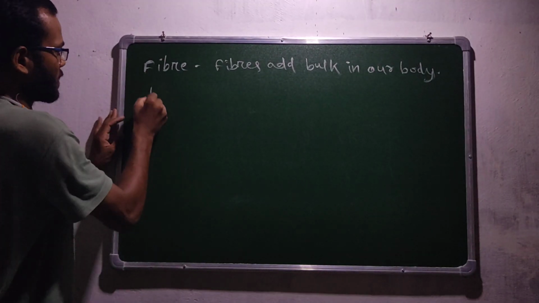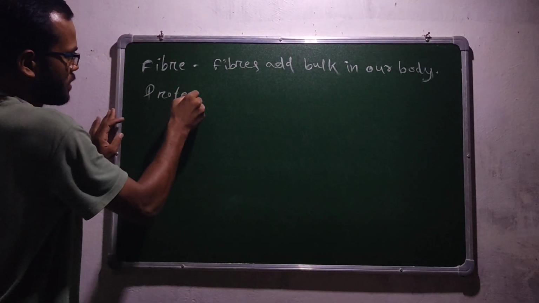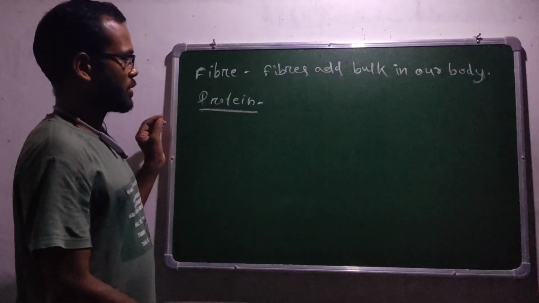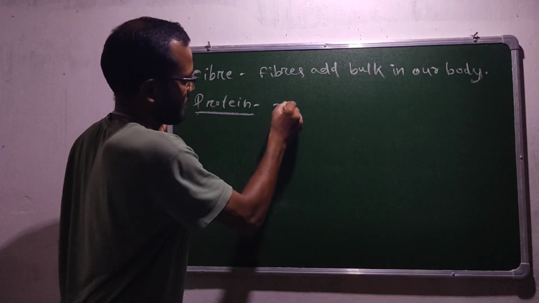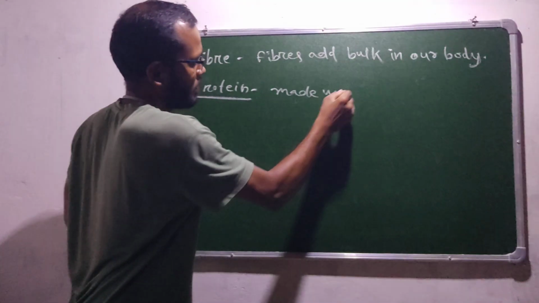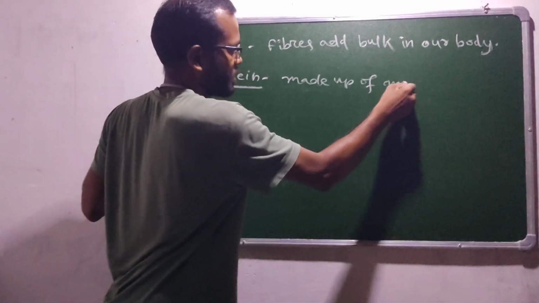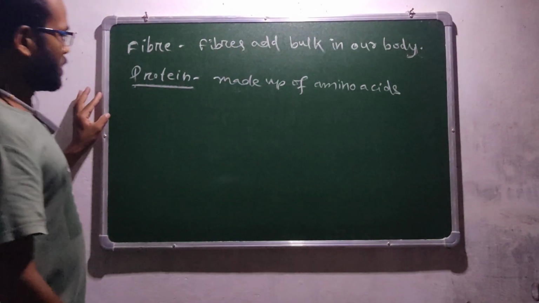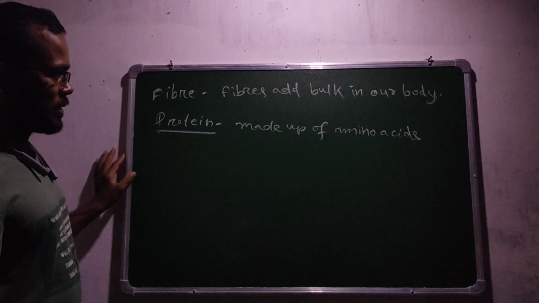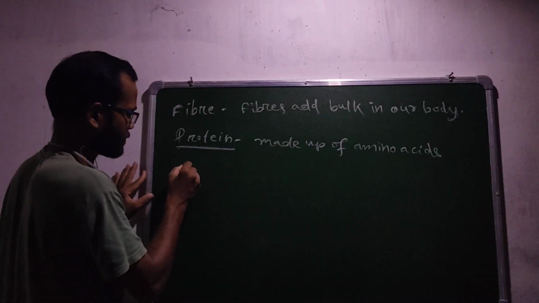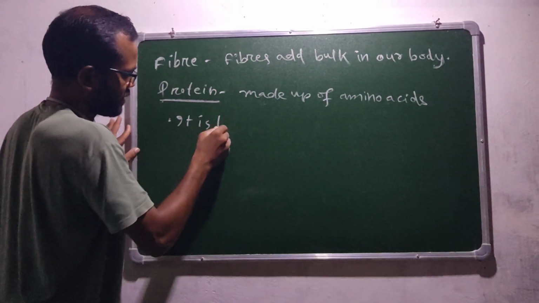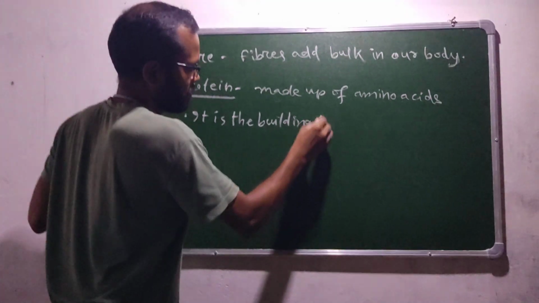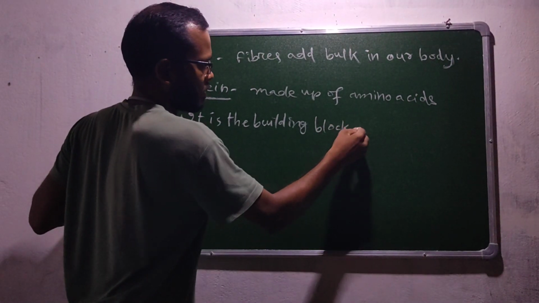And protein: what are the components of protein? Protein is usually made up of amino acids. It is mainly made up of amino acids, and it is the building block of our body.